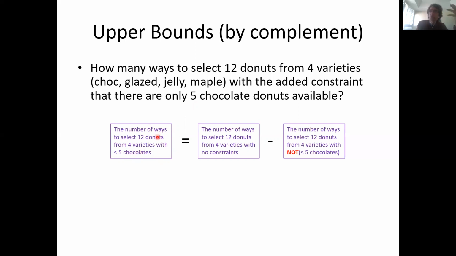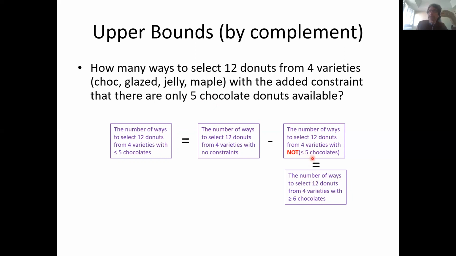The number of choices which satisfy the upper limit constraint is the total number of choices minus those that don't. What are those that don't? Those that violate the constraint. And how do you violate this constraint? You have at least 6 chocolate, 6 or more. And that we know how to count, because that's a lower bound.